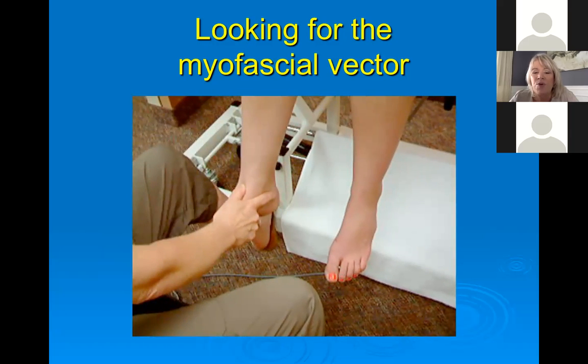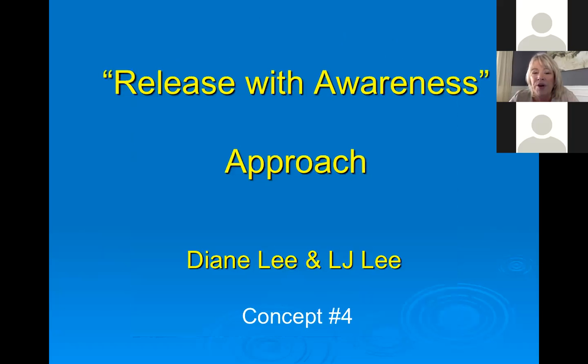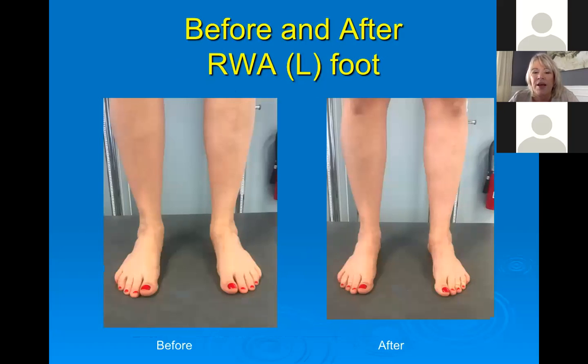And so this is where I'm going to start using a technique called release with awareness, which was developed by Diane and L.J. Lee. I'm not going to explain the whole concept because that would take too much time, but I just wanted to show you that this was done on the left foot before, and one treatment of release with awareness on the left foot.